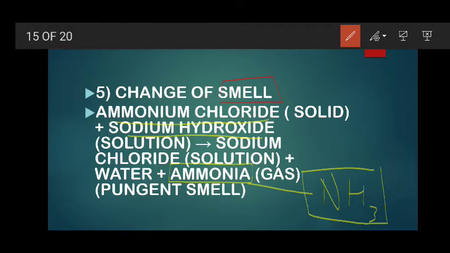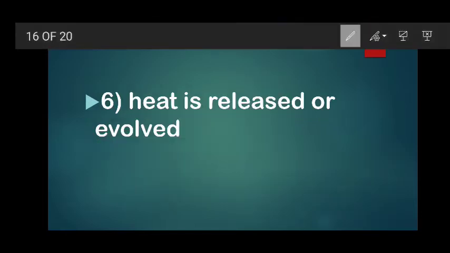Okay. Now next is heat is released or evolved. During many chemical reactions, heat is evolved, indicating the formation of products. Clear? On the basis of heat, there are two types of reactions, exothermic and endothermic.